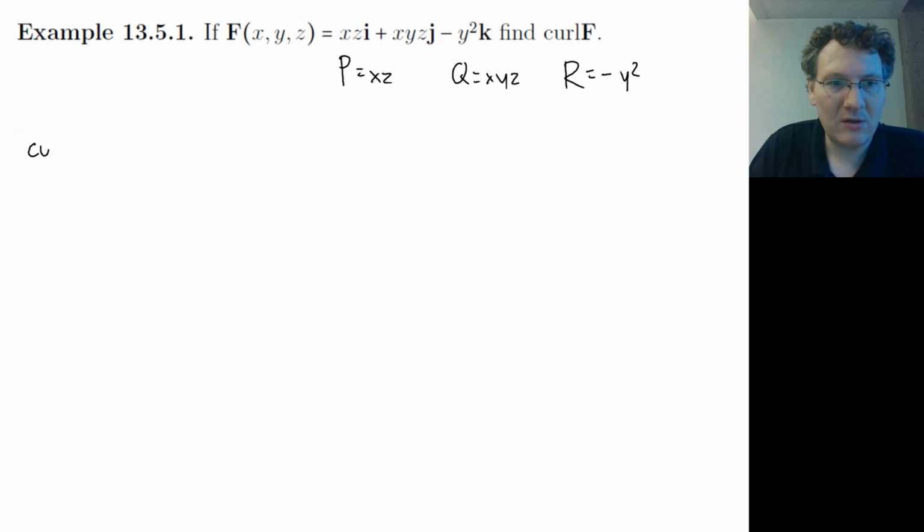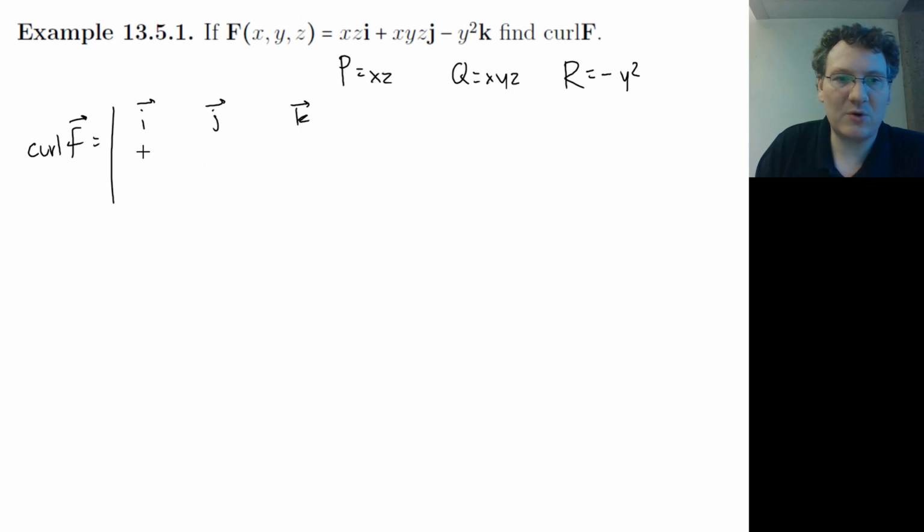The curl of f, I'm going to do using the determinant. In the top row we have i, j, k. The next row has the partial with respect to x, the partial with respect to y, and the partial with respect to z. And then we have xz, xyz, and negative y squared.